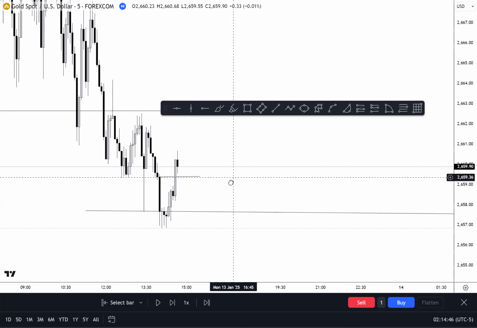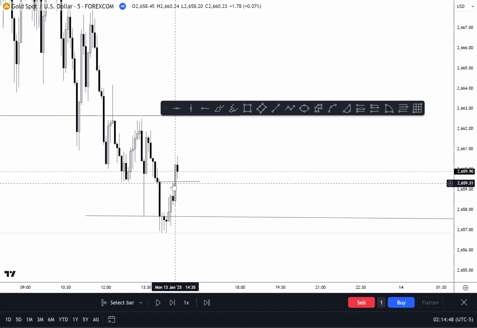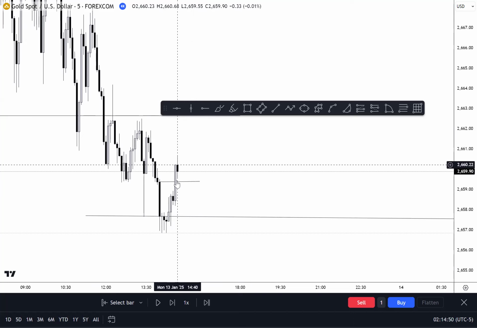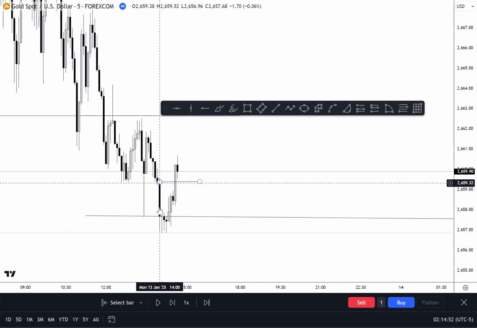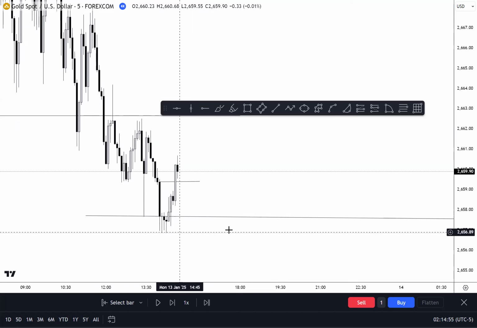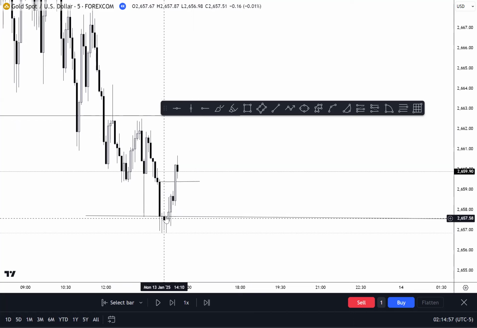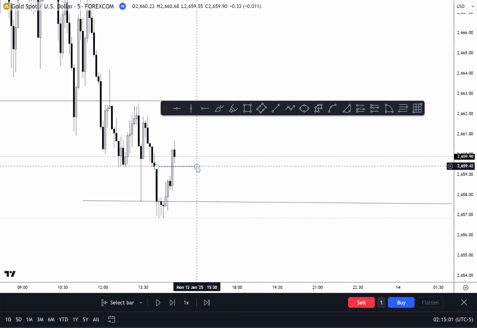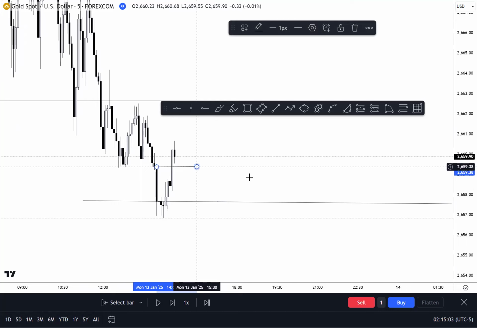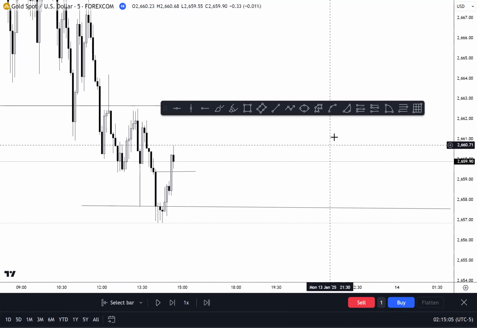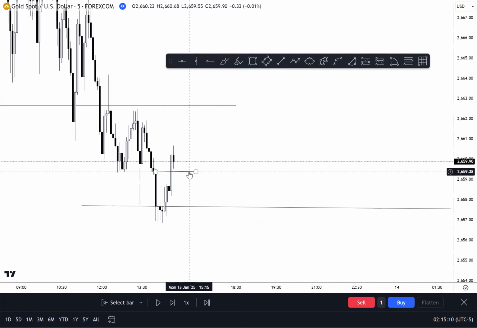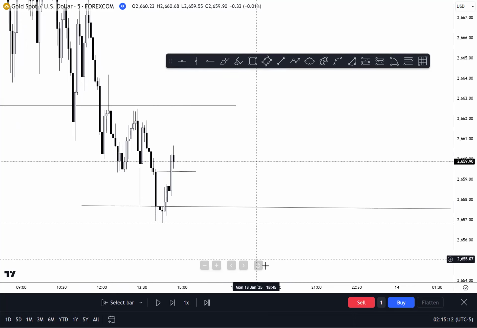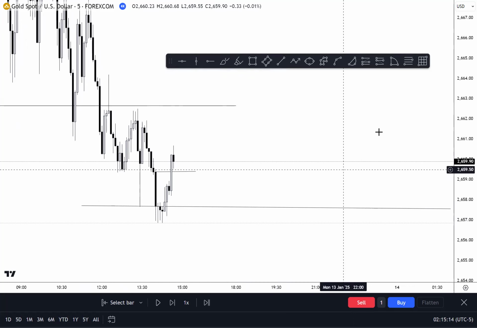All right. Now, on this, I have a whole body close above the candle that pushed through this low, and I see a body already closing below that. Then what am I going to do? I'm going to start looking for an entry. So I'm going to enter from this point, and my stop loss will be below this area.